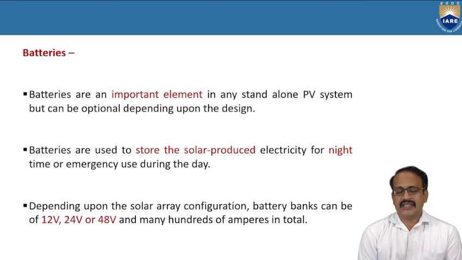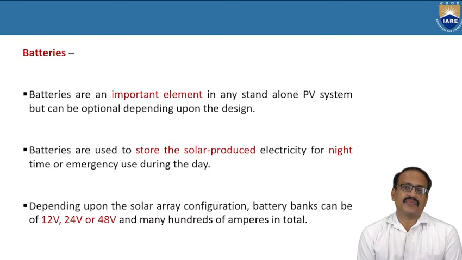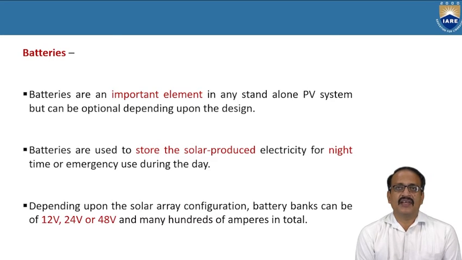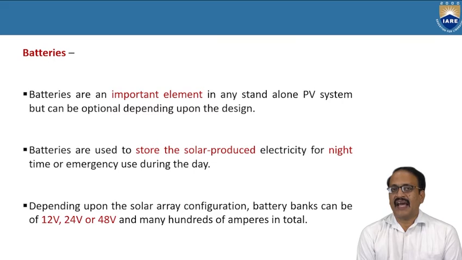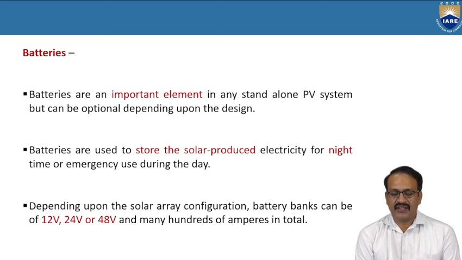Generally they will be having batteries. This bank of batteries stores the power produced during the daytime, and they use it in the night time. They generally have a capacity of 12 volts, 24 volts, or 48 volts.